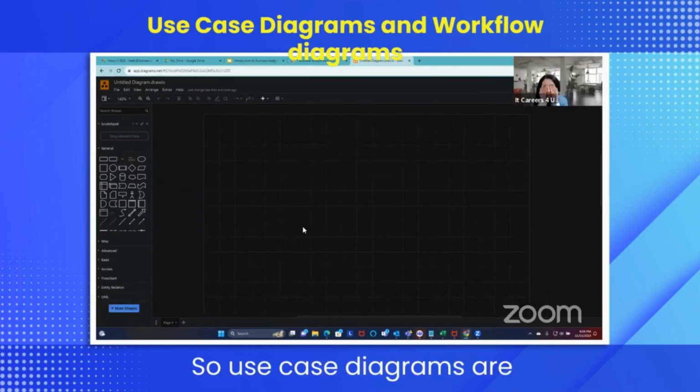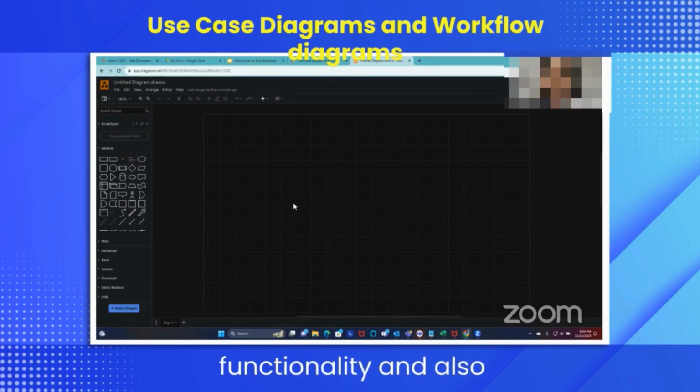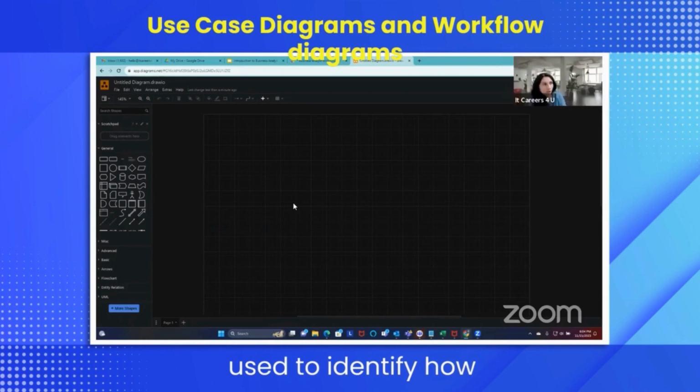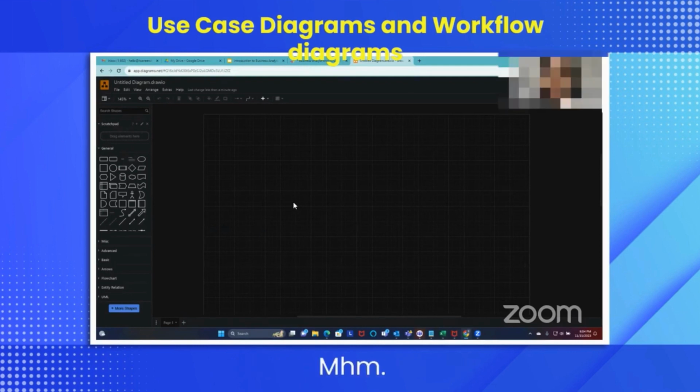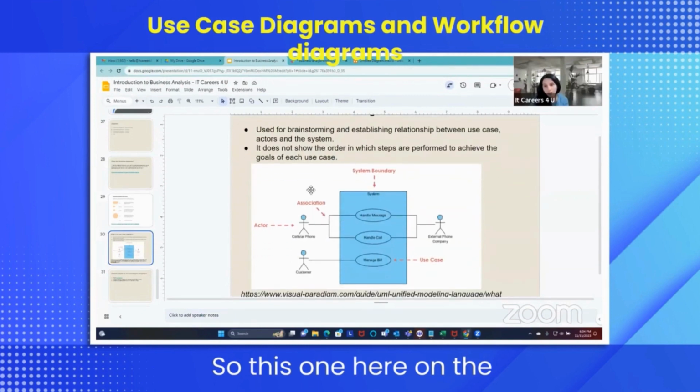So use case diagrams are used to identify functionality, and also used to identify how that particular functionality is going to be used by the different users of the system. So this one here on the left-hand side, these are known as primary actors. And these on the right-hand side are known as secondary actors.